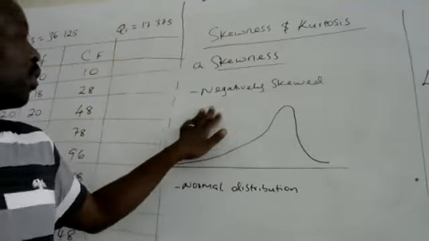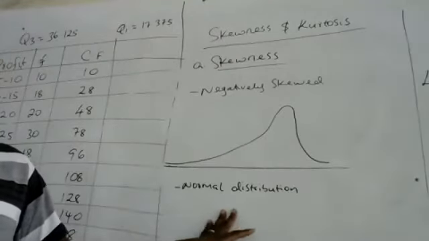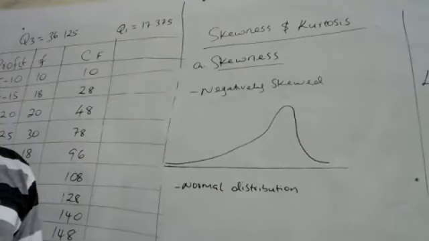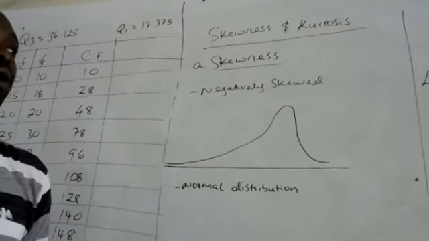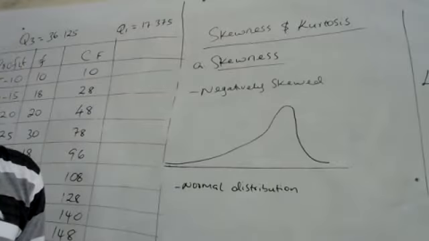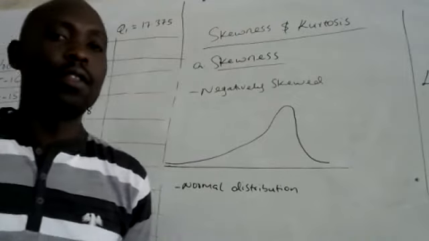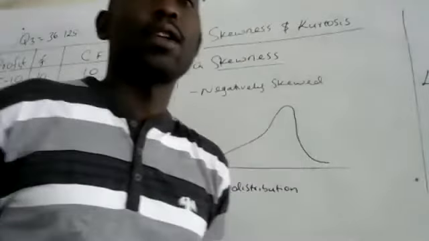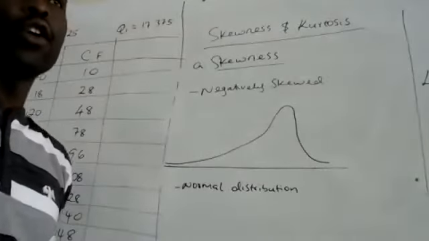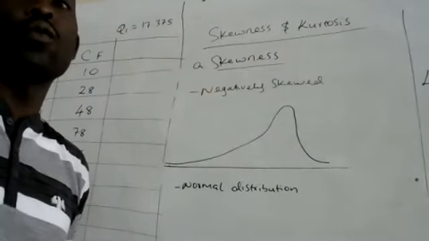So the negatively skewed is that. Then a distribution can be normal. Then you say this is when the mean, median, and mode are all equal.